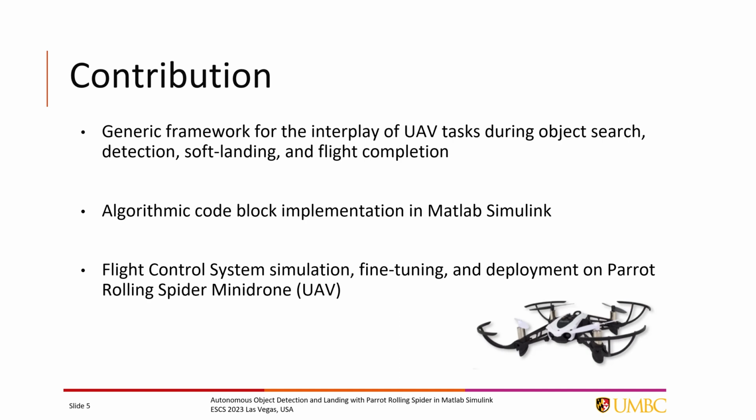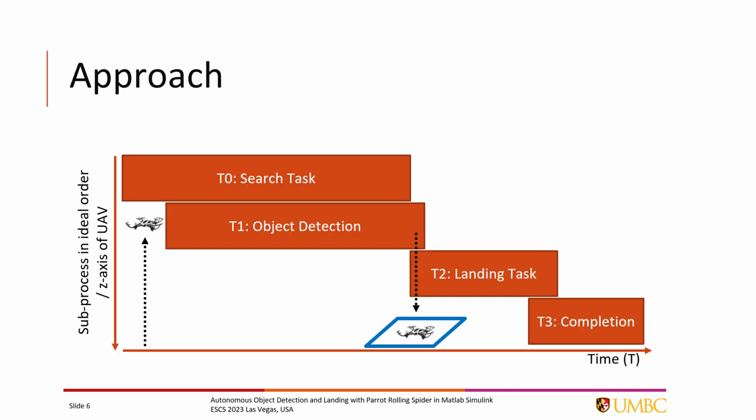This slide represents our generic framework for an autonomous UAV. Ideally, the drone begins its autonomous flight by T0, search for the object. While the drone does not detect the to-be-found object, it keeps searching the space and continues to process down-facing camera images until T1.